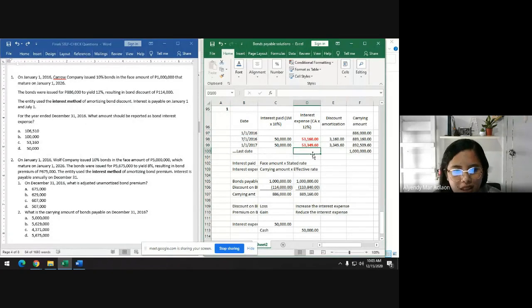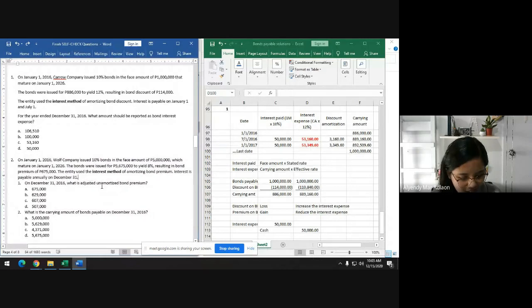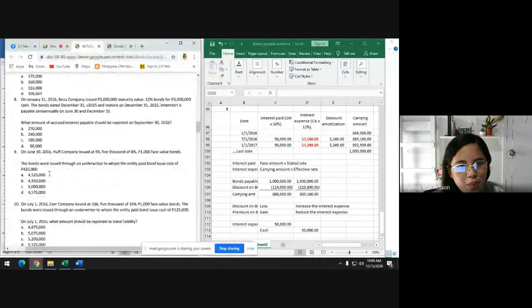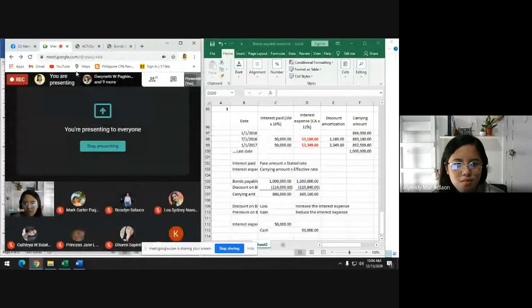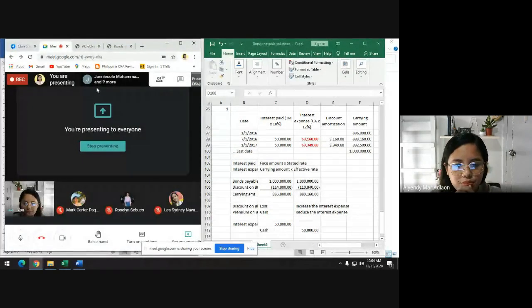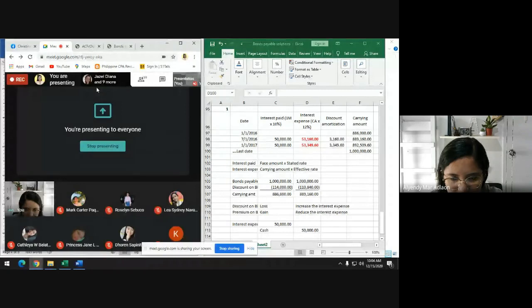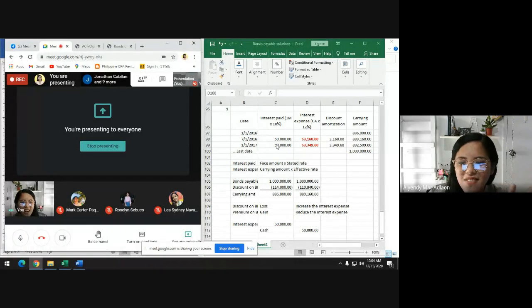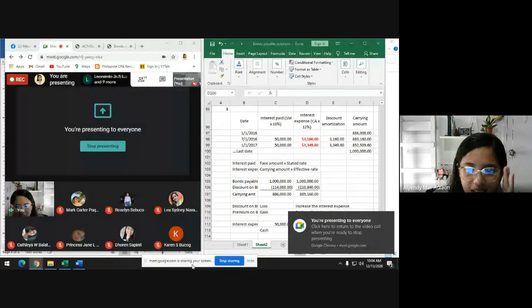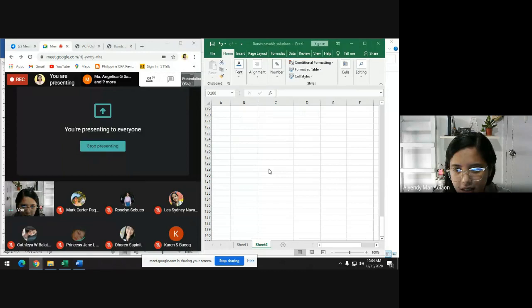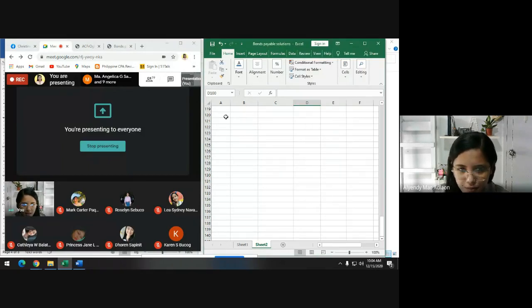Okay, so number one lang jud atong nakaya because I still have to go to school for our meeting. Any question? Is there any question? Because if there is none, then okay, dismiss na ta. But before that, as I've said, magsabot ta kung kanus-a ta ma-exam. When do you prefer? Saturday? Sunday?